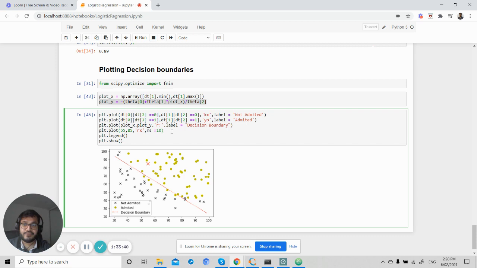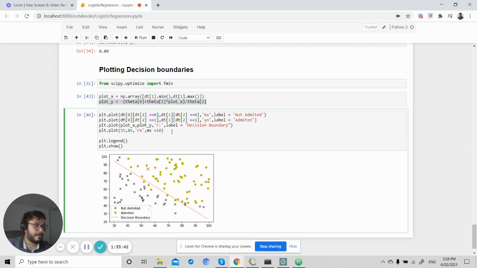So if we do our annotation, let's annotate this. This one, 85.